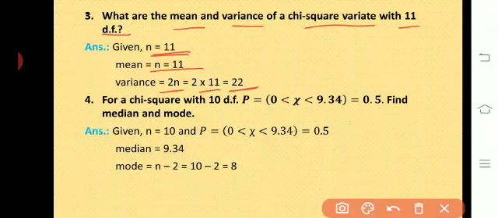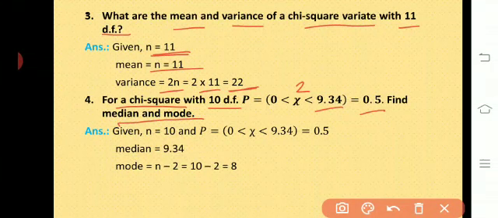The next question is, for a chi-square variate with 10 degrees of freedom, the probability of 0 less than or equal to chi-square less than or equal to 9.34 is equal to 0.5. Find median and mode.